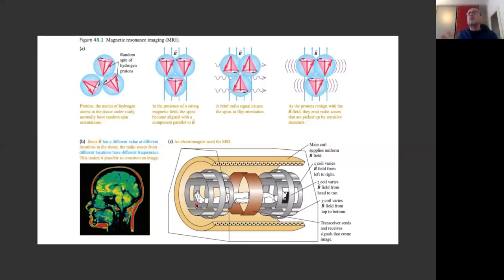And you know that because you have generated a very important gradient of the field inside the machine. So each point in the individual that is lying there has a different value of the magnetic field, so each particular point will generate a different image.